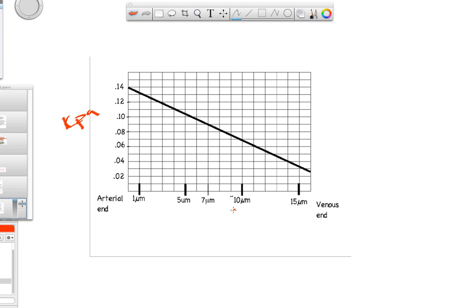Okay, so if at 10 micrometers from the end, I have fluid beginning to enter, that means before that, fluid was exiting. So it's beginning to enter here. That means that before that, the osmotic potential was a weaker influence. After that, the osmotic potential is a stronger influence.